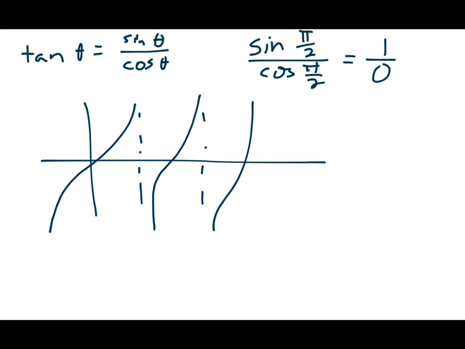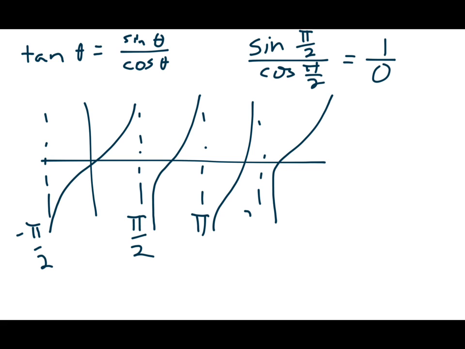Every pi over 2 is a vertical asymptote. So this one is negative pi over 2. This is pi over 2. This is pi. This is 3 pi over 2. This is 2 pi, and it just keeps repeating. Oh, sorry, no, that's wrong. Let me take this out. Yeah, this was pi over 2.